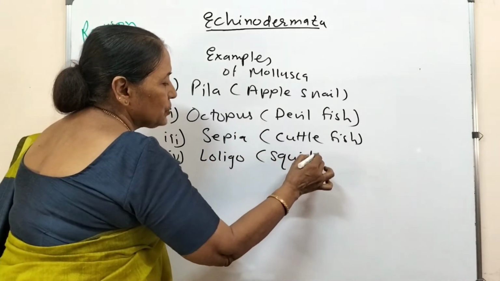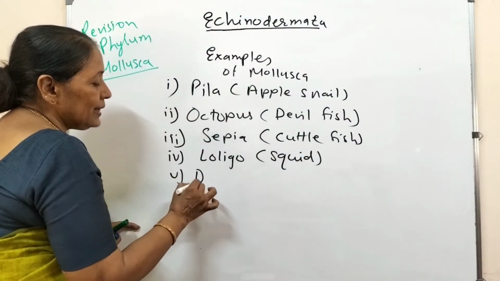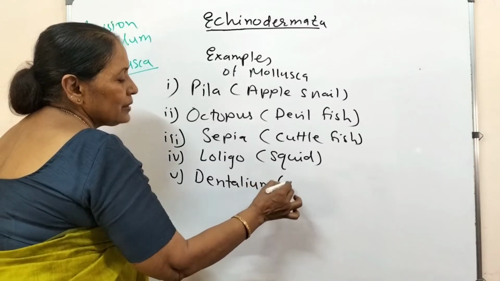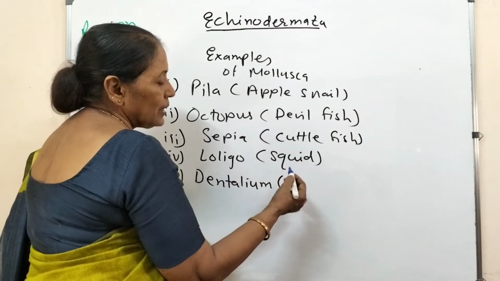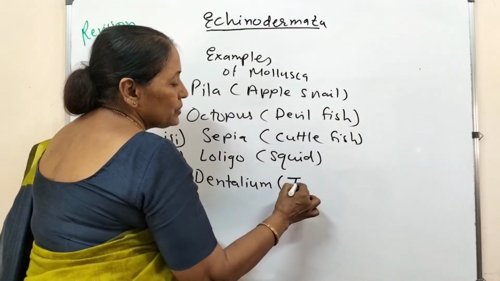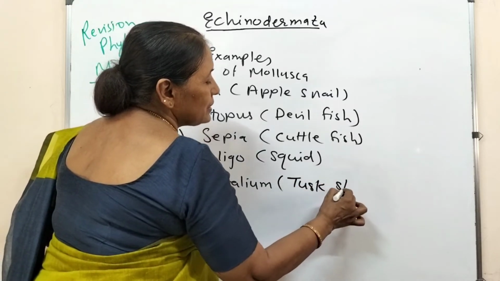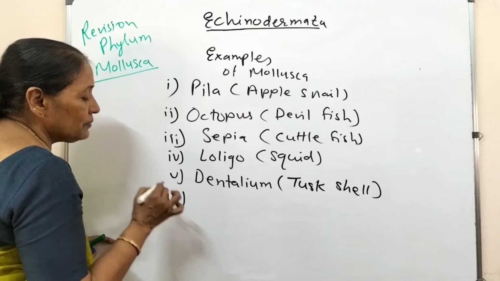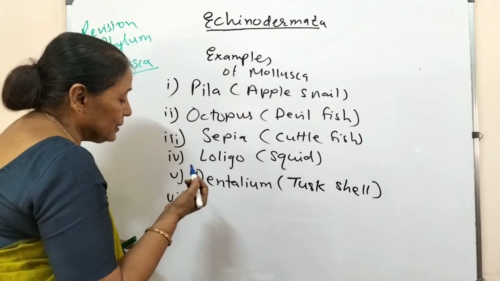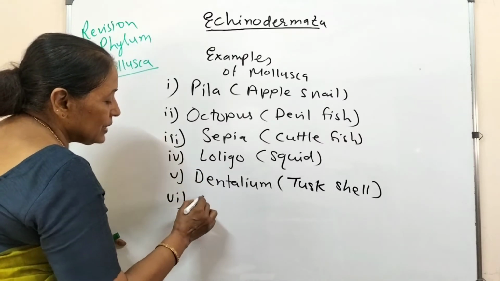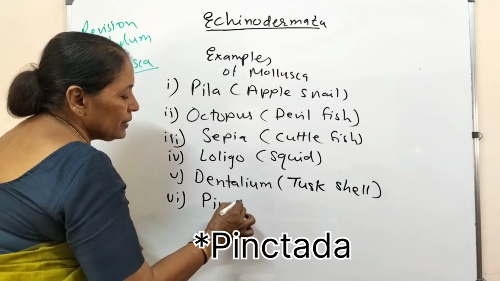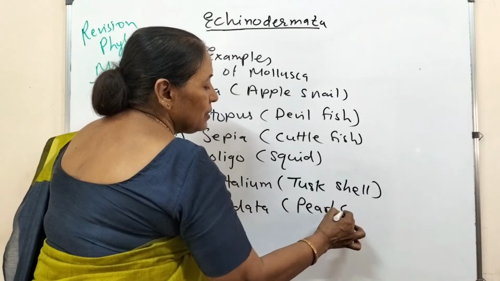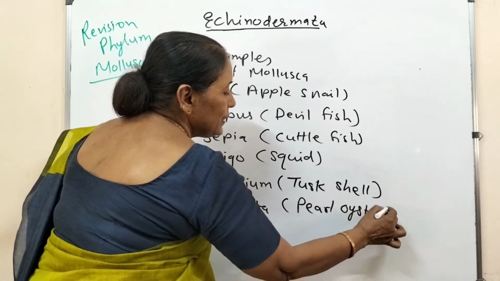Then Dentalium. Its shell is just like an elephant's tusk, so this is the tusk shell. Then the one from which we get pearls, that is Pinctada. This is the pearl oyster.